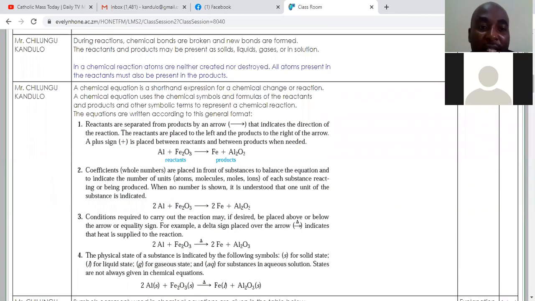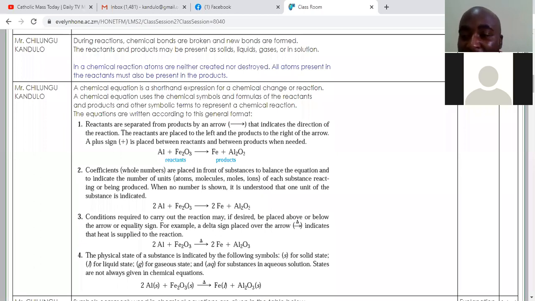So then we write something there for a reaction. We say during reactions, chemical bonds are broken and new bonds are formed. The reactants and products may be present as solids, liquids, gases, or in solution.